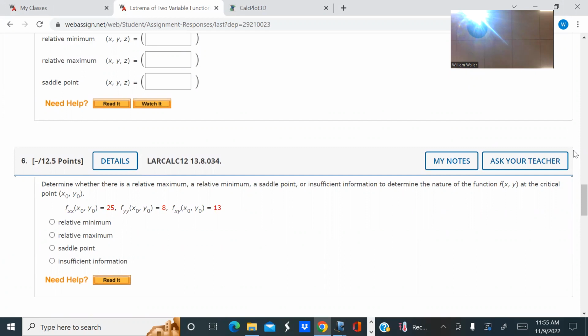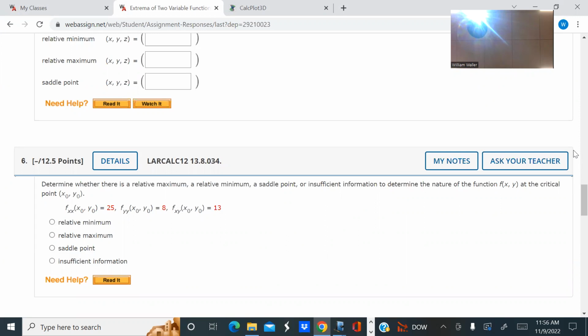They're telling you, for this function f, which they're not even giving you a formula for, or a graph, to use the second derivative information to determine if you have a local minimum, a local maximum, or a saddle point at this given point, and they don't even specify which.